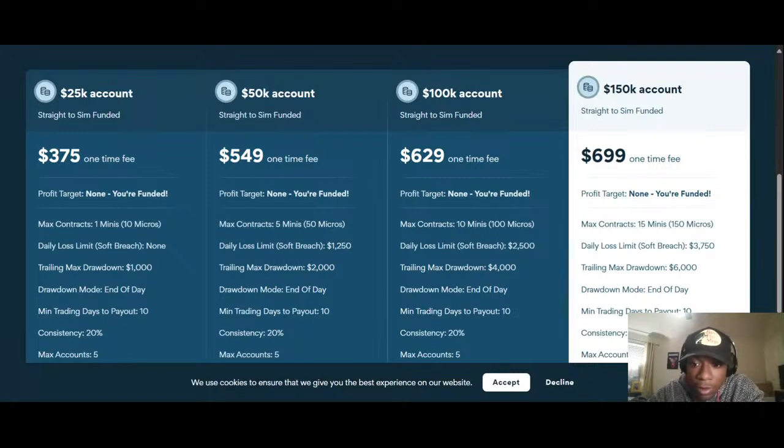If you're not ready, there wouldn't be any point in buying a funded account. Yeah, straight to funded for sure. You can get up to 7 accounts. Okay, yeah, that's nice.